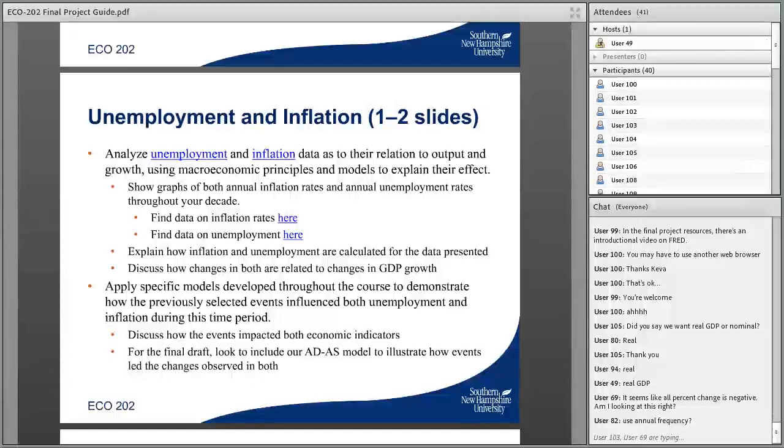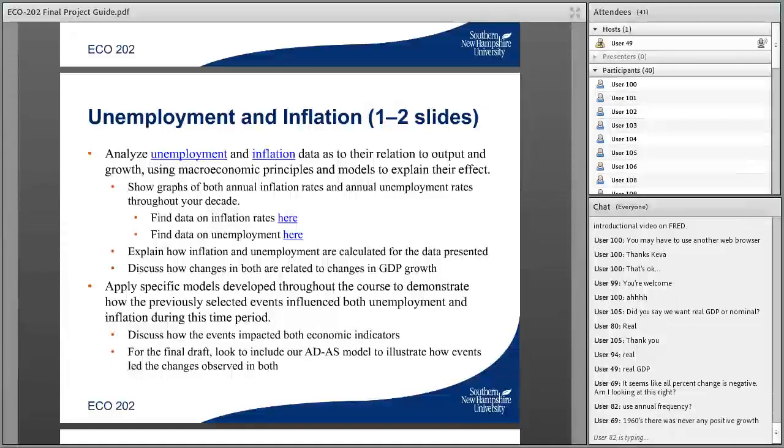Floyd, you are looking at it right, depending on your decade, which I don't know what decade you're researching, but there will be sometimes a negative growth. And as I said, if it's just 1 quarter of negative growth, it's not a big issue. If it's 2 consecutive quarters of negative growth, they call it a recession, which could be just those 2 quarters and then go back to growth.